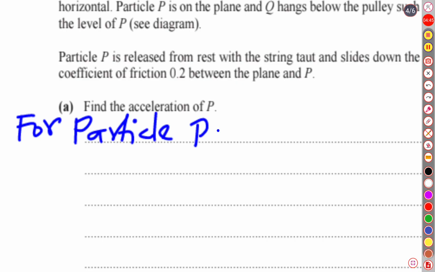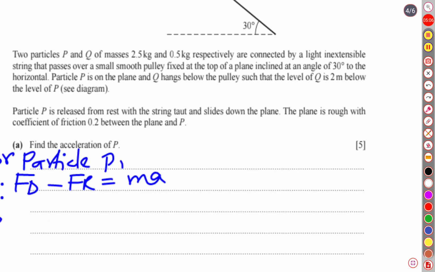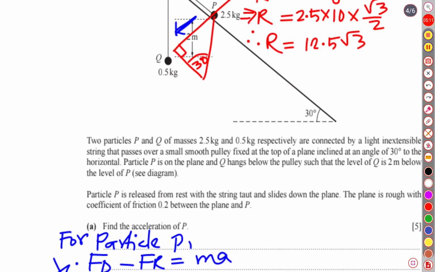For particle P, we know it is just sliding down like this, and the concept we are going to apply is driving force minus resistance force is equal to mass into acceleration. Let us see what the driving force acting on particle P is. There is no external force, only the weight is causing it to slide down.